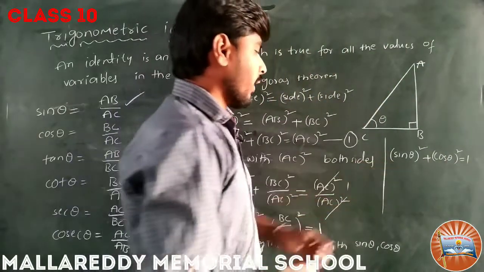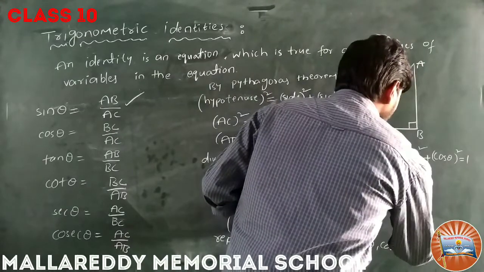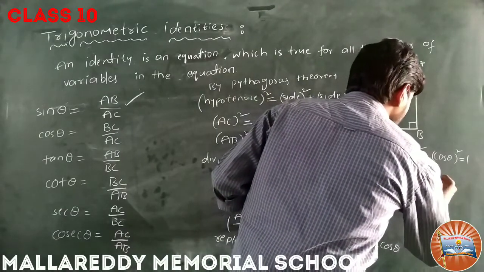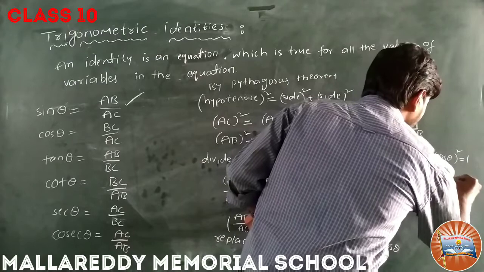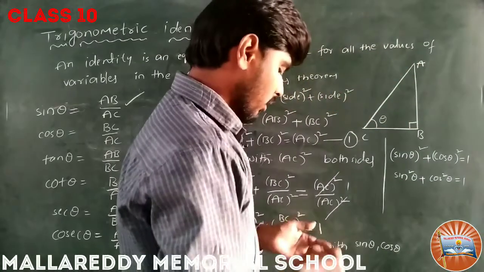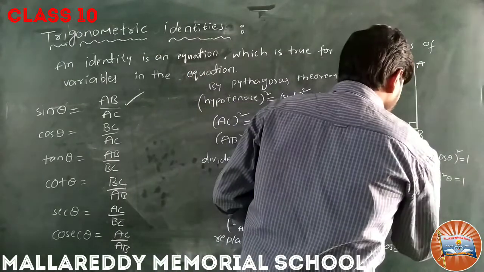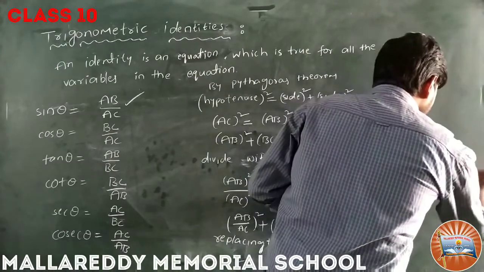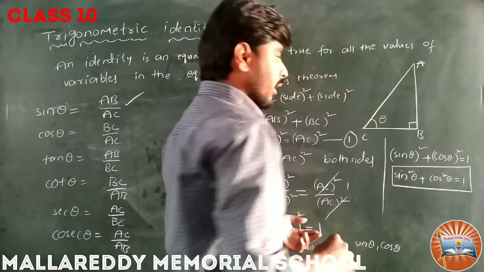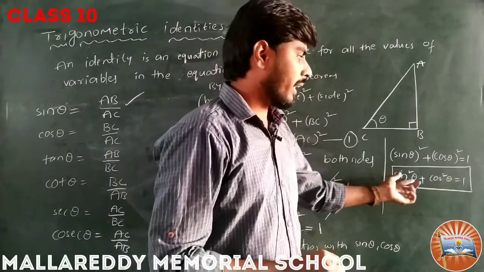This we can write as sin square theta plus cos square theta equals to 1. This is our identity, our trigonometric identity between sin and cos.